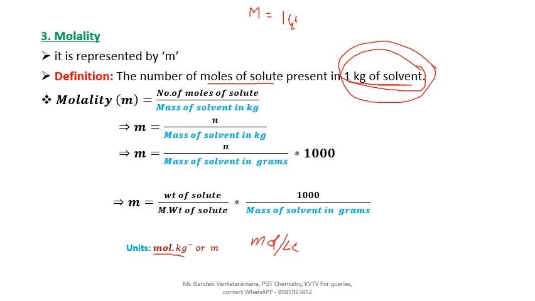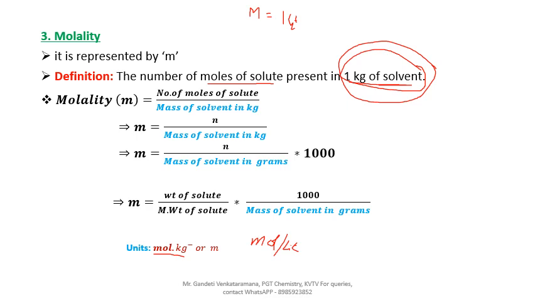There is no volume term at all. So molality is temperature independent. This is a very important final conclusion: molarity is temperature dependent, molality is temperature independent. As temperature changes, there is no change in molality.